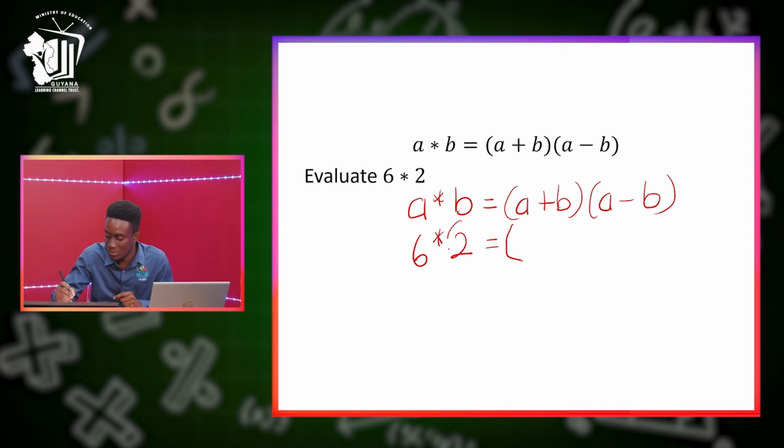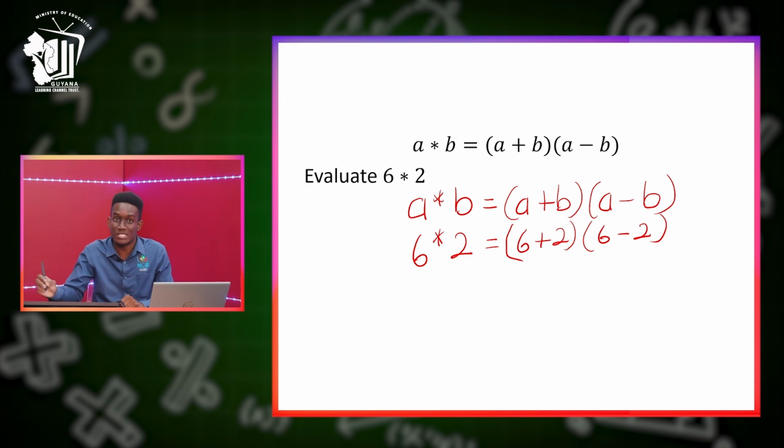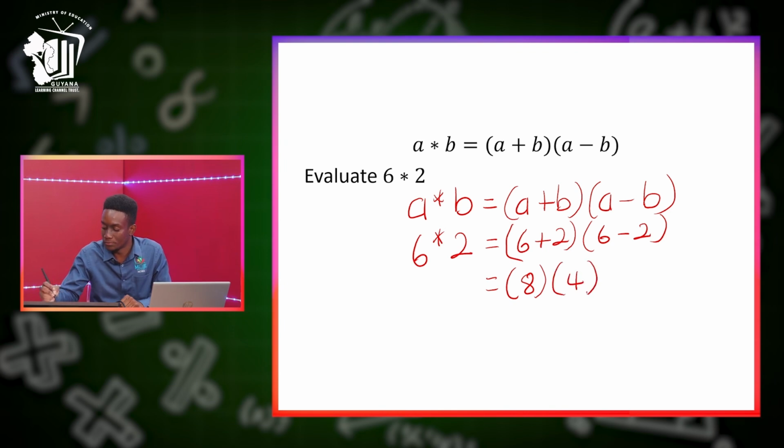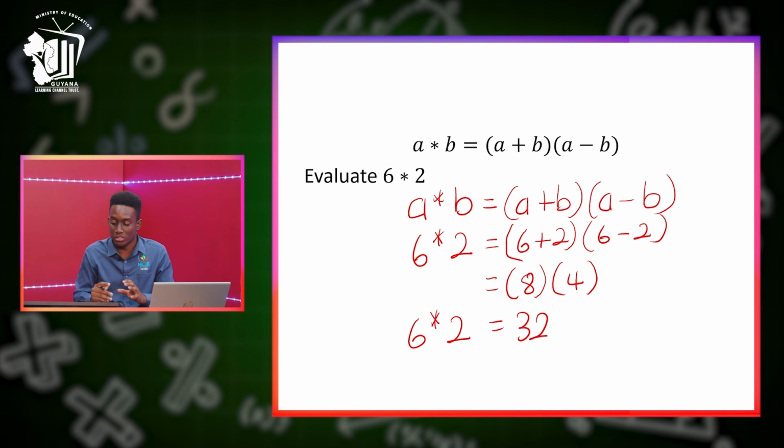And wherever we see B, we replace and put 2. So this will be 6 plus 2, multiplied by 6 minus 2. So 6 plus 2 would give me 8. And 6 minus 2 would give me 4. So 8 multiplied by 4 would give me 32. So 6 asterisk 2 is equal to 32 after we're done substituting.